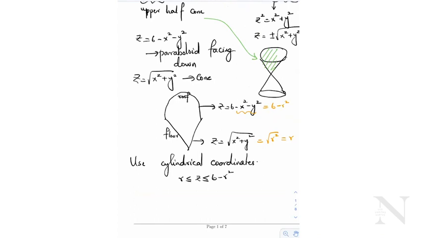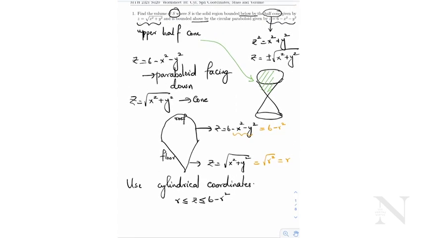Now, can any of you tell me what the limits for r will be? That's the only challenging part of this question. 0 to 2. Maybe that is correct, but I don't see how it's 2. I think you're right, but the 2 is not really obvious from the question.